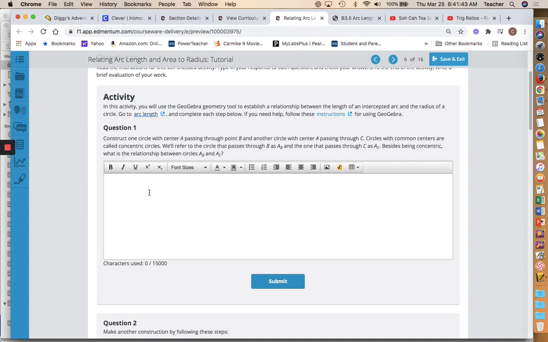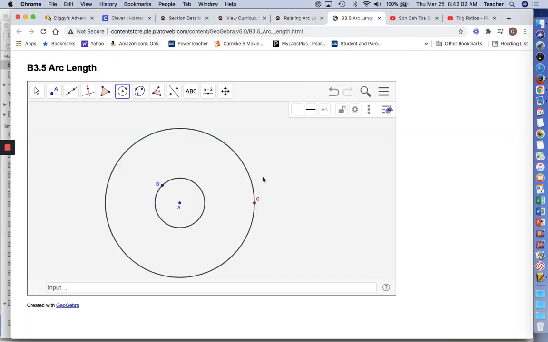Circles with common centers are called concentric circles. We'll refer to the circle that passes through B as AB, and the one that passes through C as AC. Besides being concentric, what's the relationship between the circles AB and AC? They have the same center. They're going to be similar. All circles are similar, but I don't know what the radius is to compare how much it's been dilated.